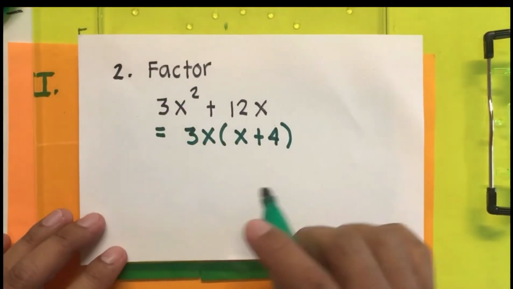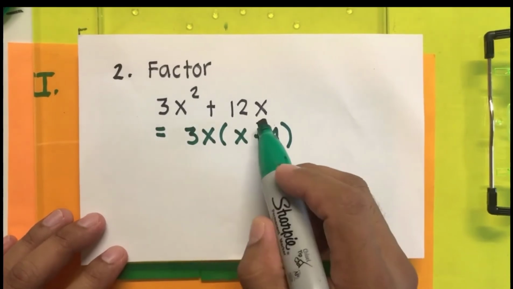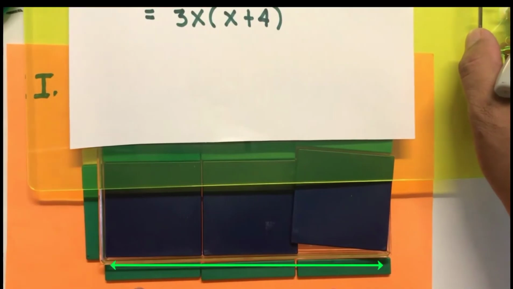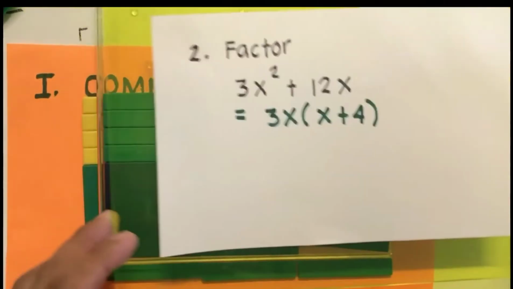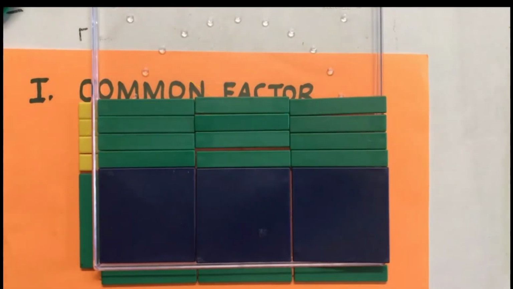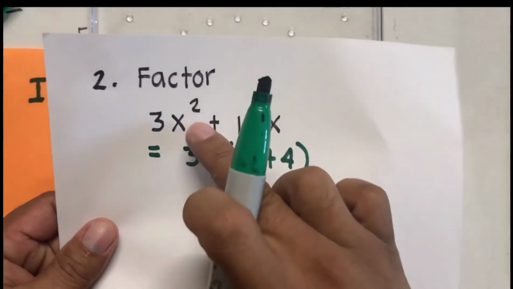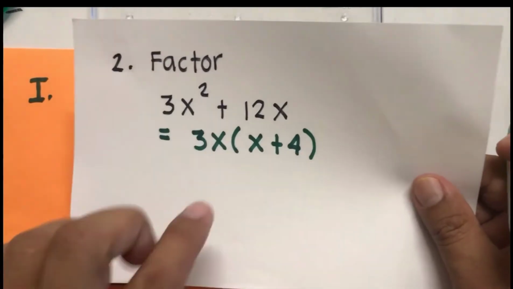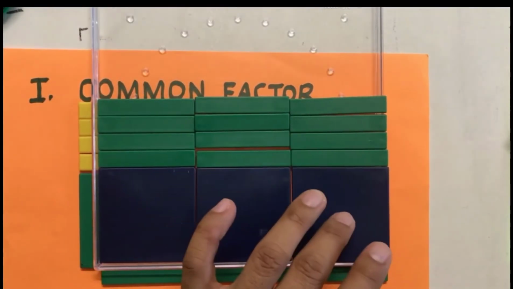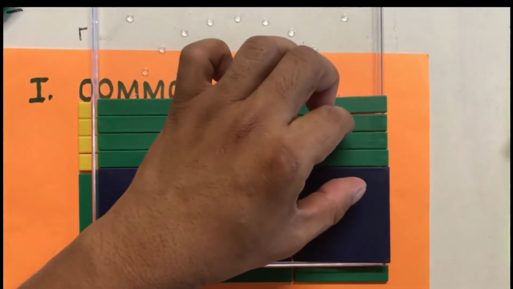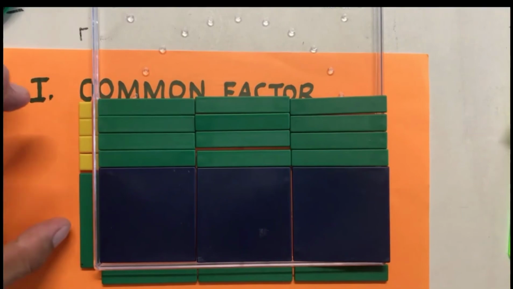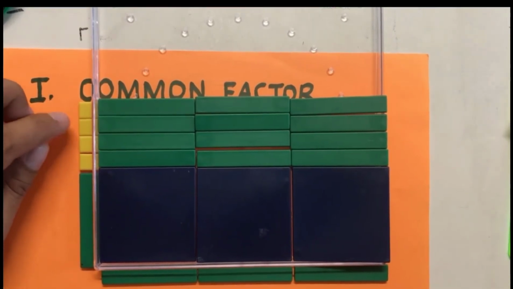So therefore, the factor now of 3x squared plus 12x is 3x, which is this length, and x plus 4, which is this length. So this is how we represent 3x squared plus 12x equals 3x times the quantity x plus 4.